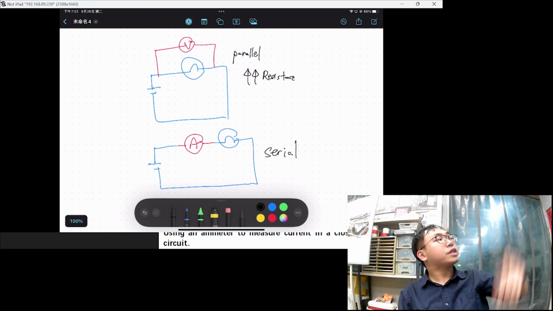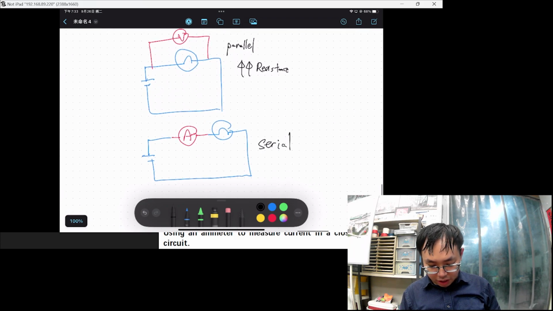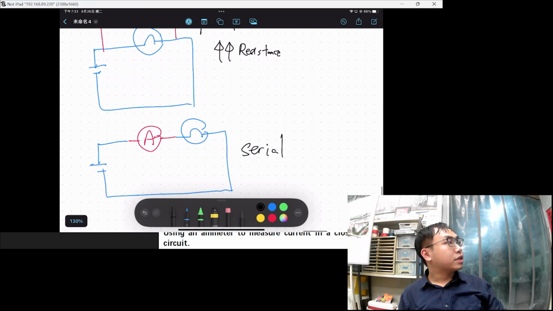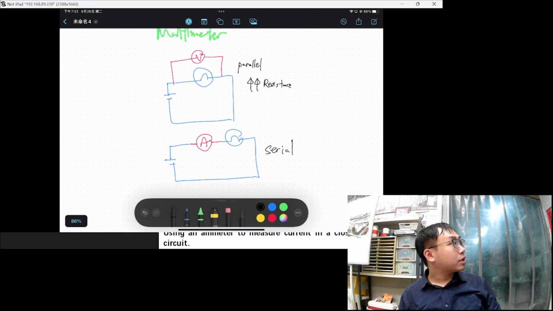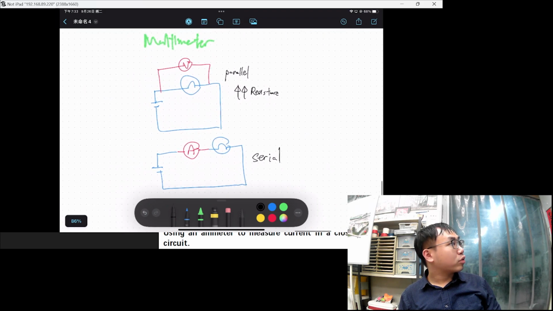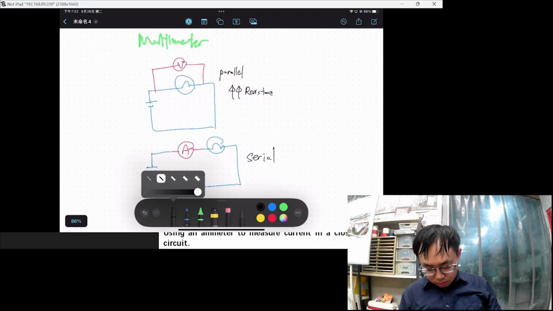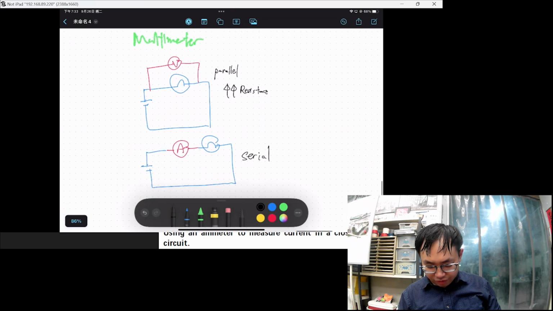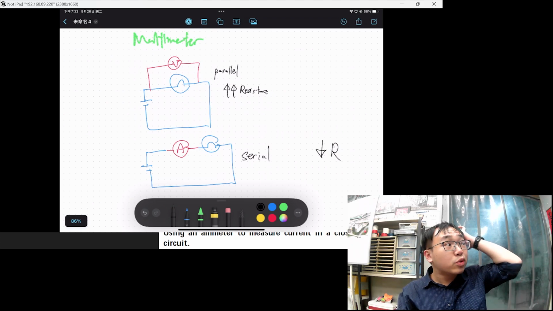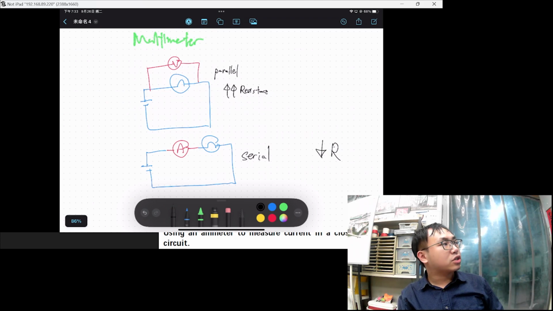We put it inside the circuit. Put it in series, okay? And compared with the voltmeter, the ammeter will have a very, very low resistance, okay? So that most of the current will pass through it, okay?